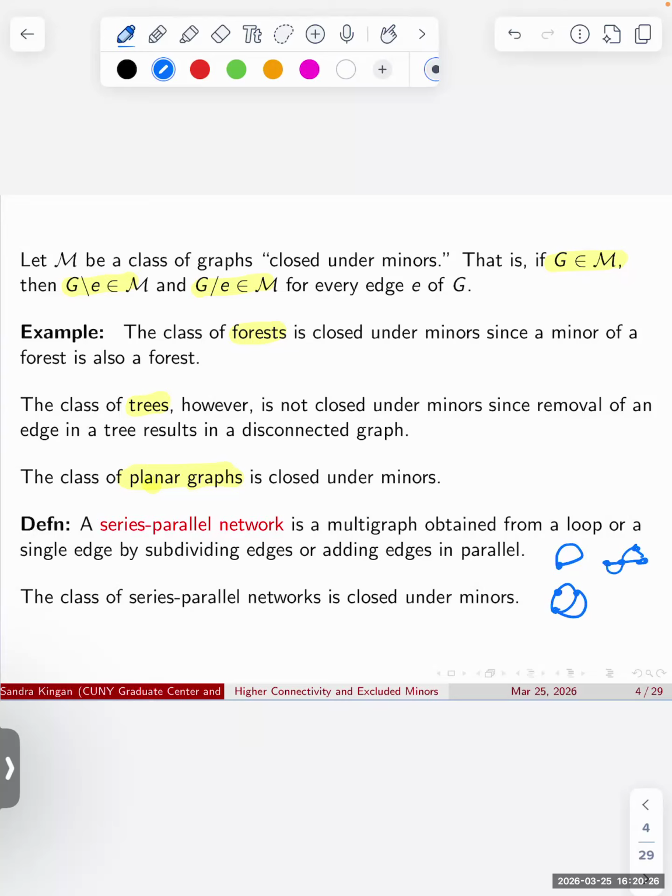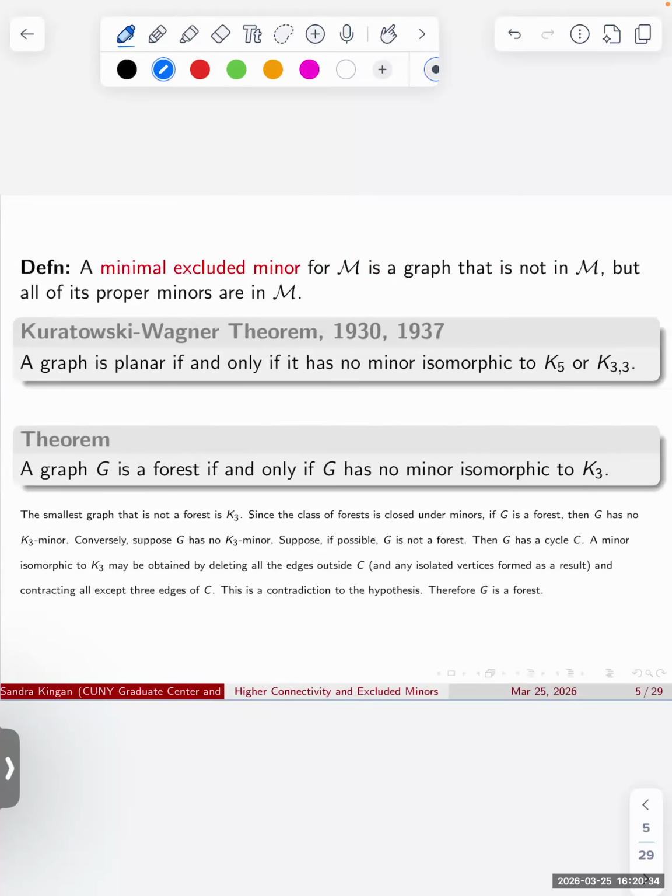So the class of series parallel networks is also closed under minors. So three classes here: forests, planar graphs, and series parallel networks. A minimal excluded minor for mu is a graph that is not in mu, but all of its proper minors are in mu.